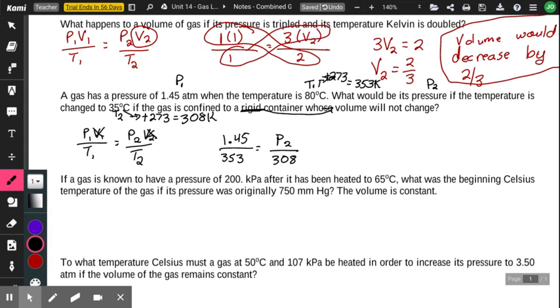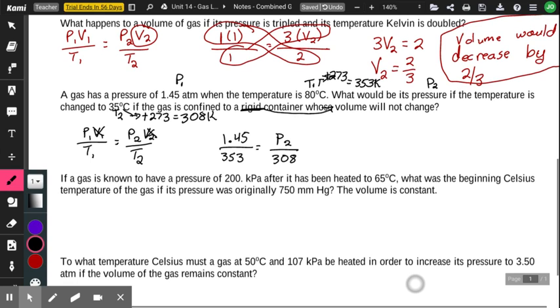Okay, so we plug in our numbers. What we'll find is that we get 353 P2 equals 446.6. Solve for x, so P2.